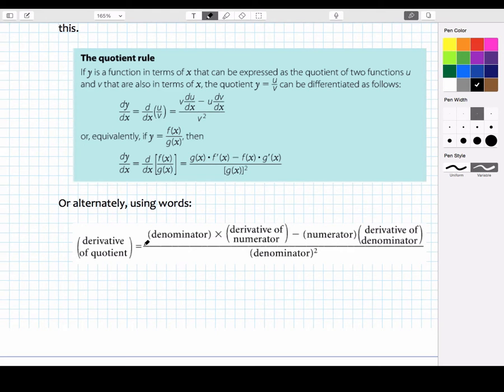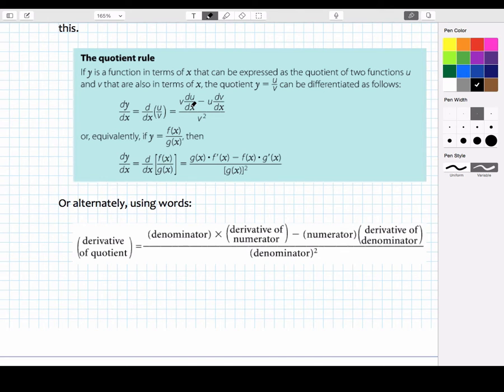If we have u divided by v, here's what it looks like. dy/dx, the derivative of y with respect to x, is equal to v. What do we call the top and the bottom part of a fraction? Yeah, u would be the numerator, and v would be the denominator.